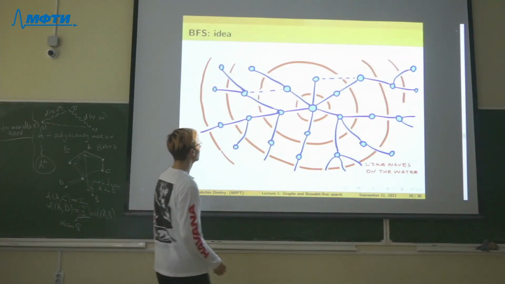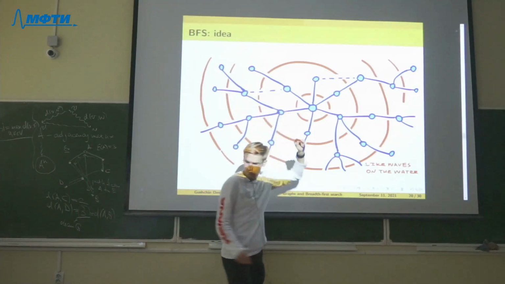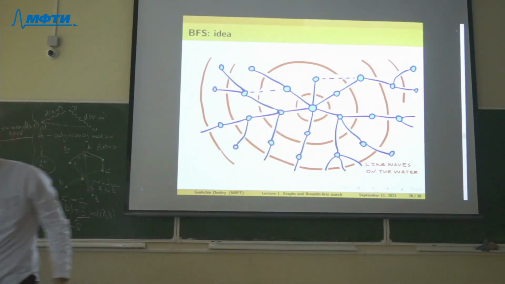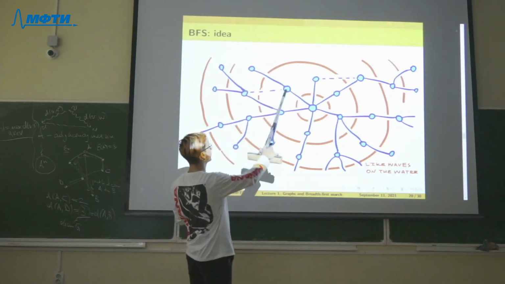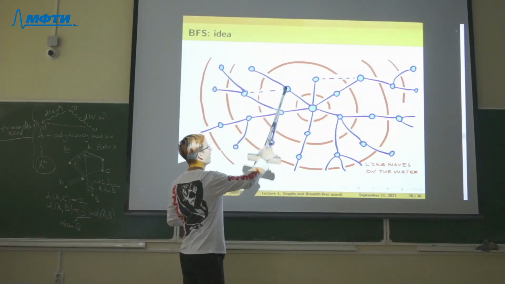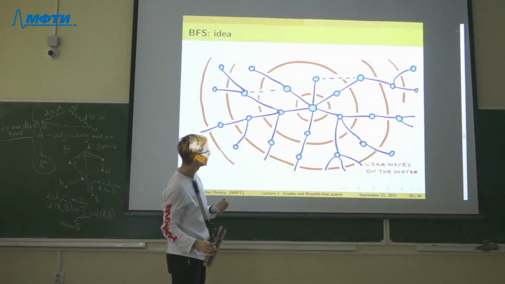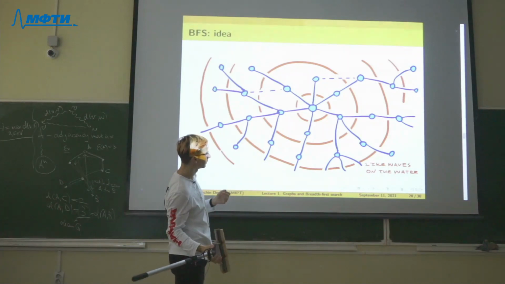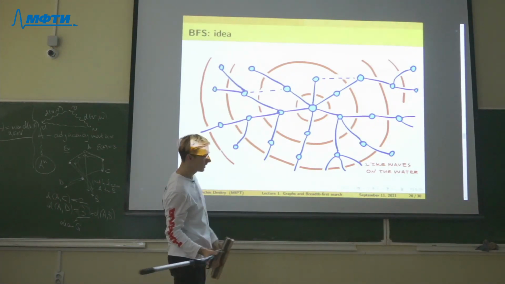For example, when we remove this vertex, we don't know which vertices are not explored.